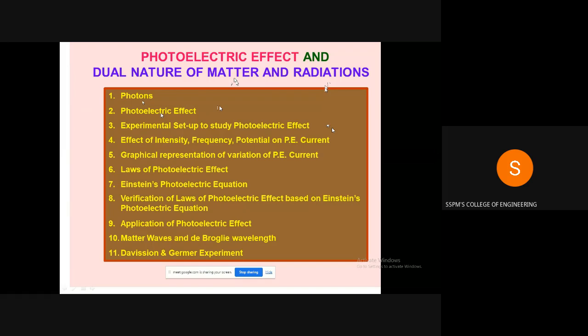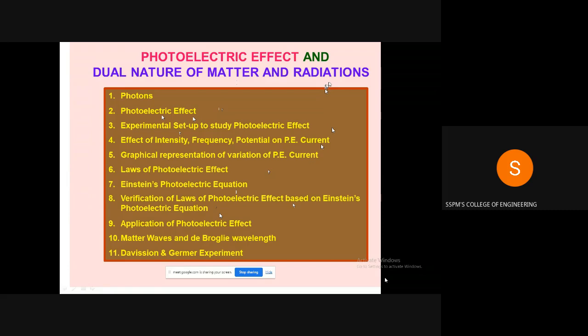The effect of intensity, frequency, and potential on photoelectric current. Then the graphical representation of variation of photoelectric current. Then the laws of photoelectric effect, Einstein's photoelectric equation, and verification of the laws based on Einstein's photoelectric equation.